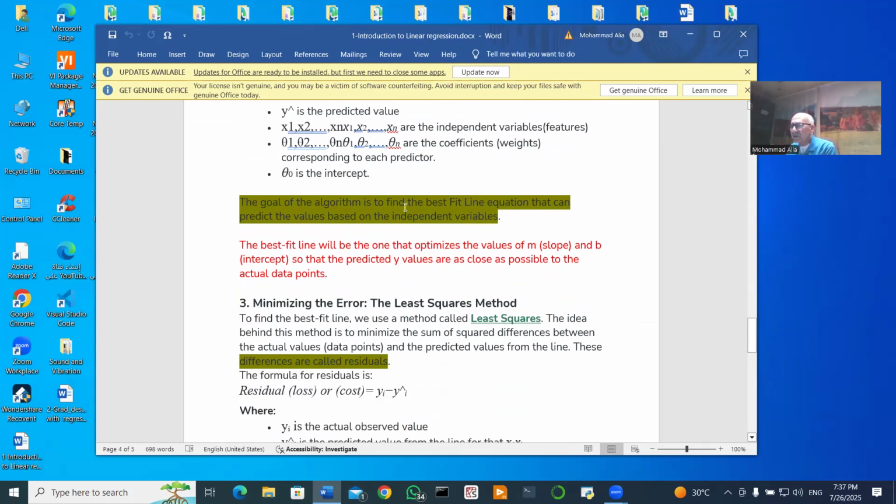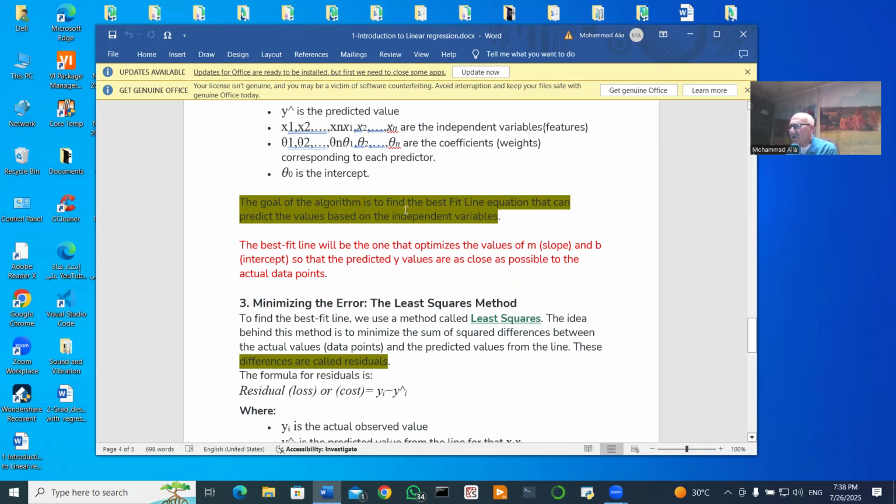So if we want to summarize what we have said up to now, the goal of the regression algorithm is to find the best fit line equation that can predict the values based on the independent variable.